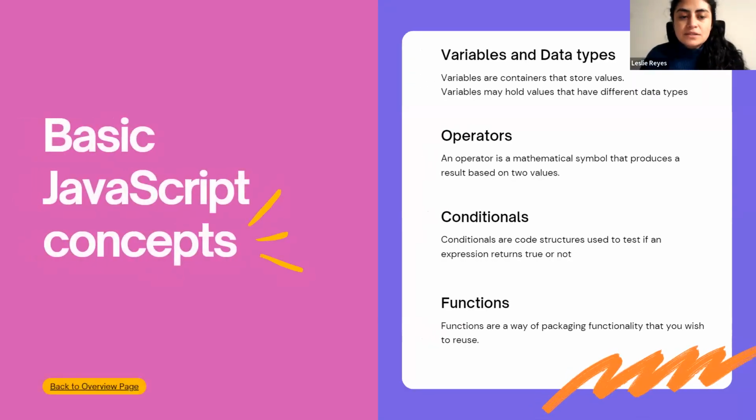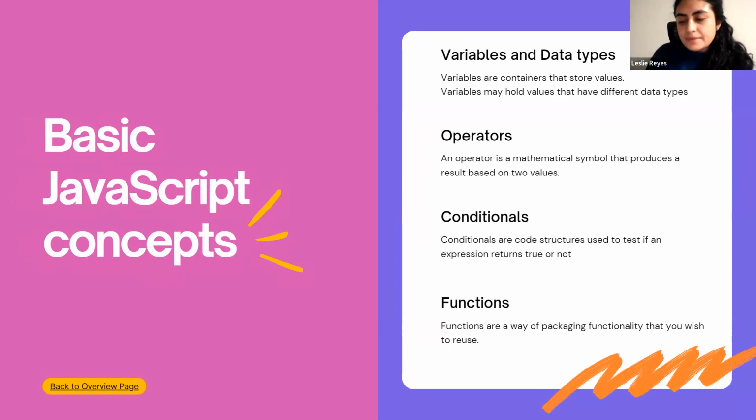Then the basic concepts about JavaScript, I consider that the main ones are variables and data types. We can define variables as containers of data, of values, and these values can have different types of data. In JavaScript, we have 8 types of values, or data types, sorry.